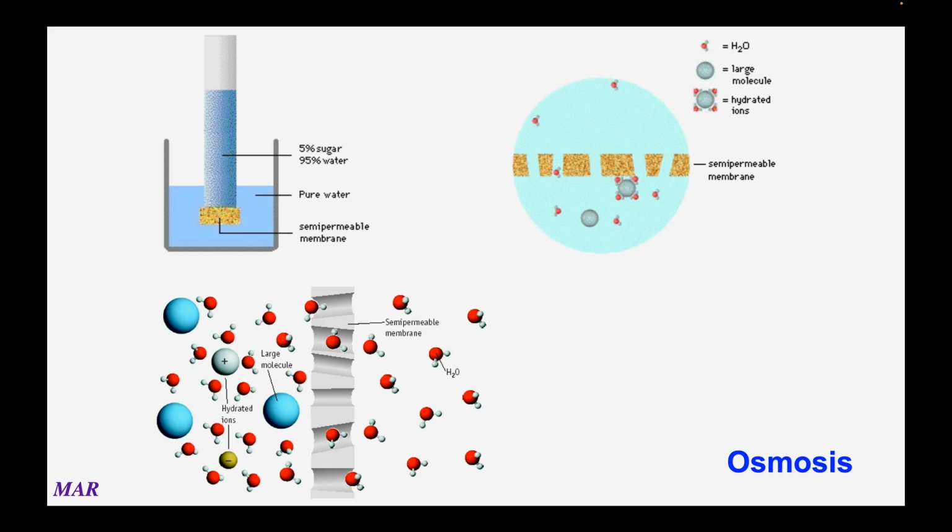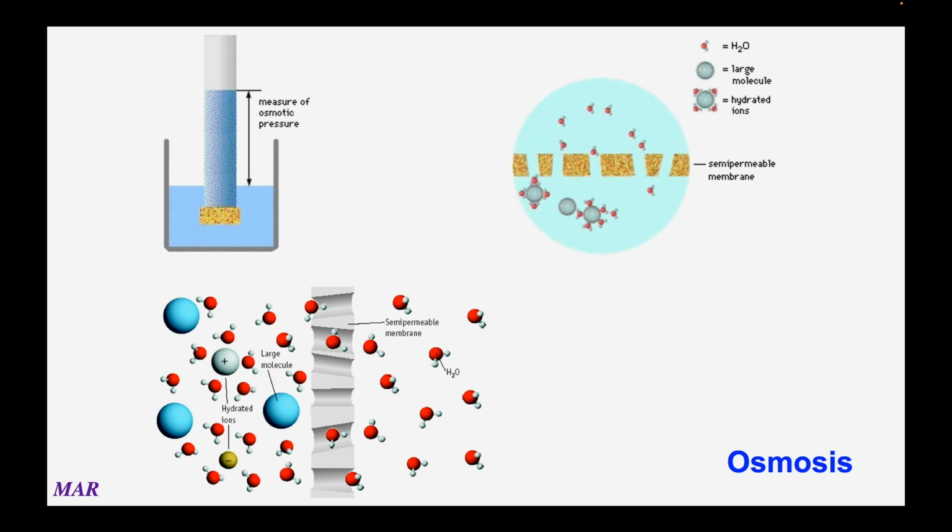This process, osmosis, continues until the flow of water across the membrane is balanced by the pressure exerted by the water column. A semi-permeable membrane blocks solute molecules, but allows solvent molecules to pass in both directions.